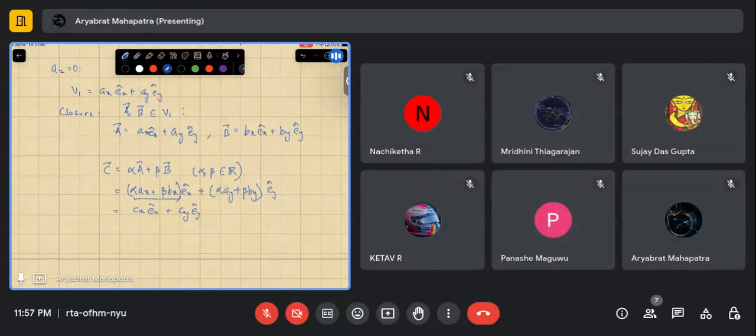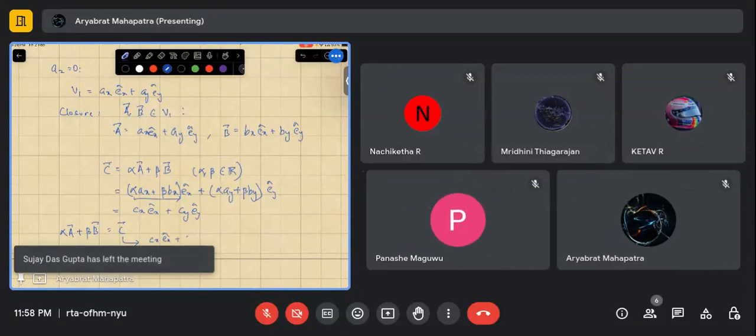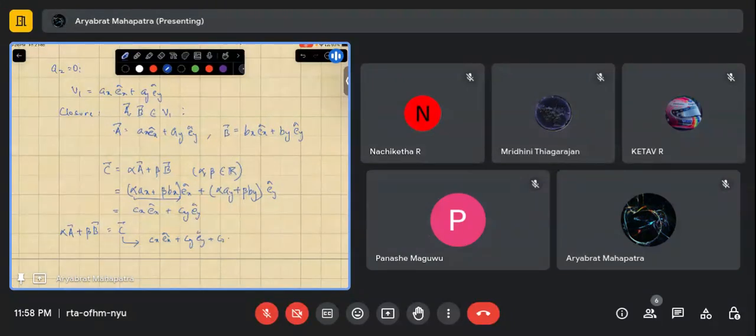What we did basically was take some linear combination of a and b, and we found something c, which has the form cx ex plus cy ey plus cz ez, where cz is 0.